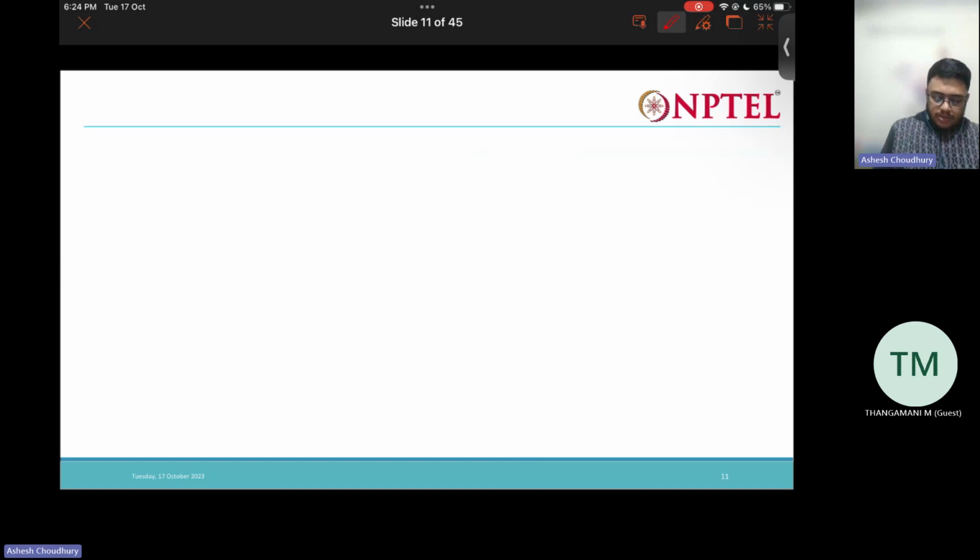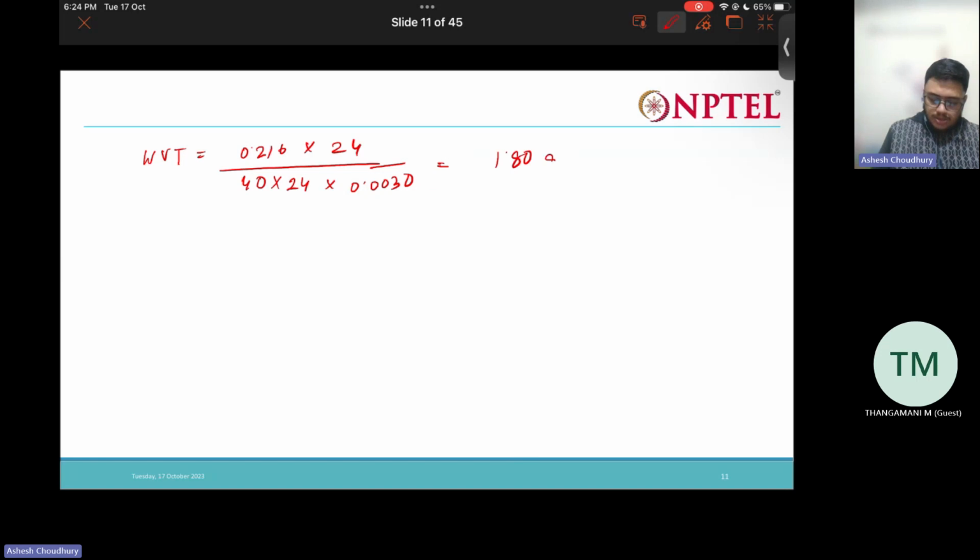So we want to find out the water vapor transmission, given by G into 24 by T into A. Time is 40 days into 24 hours, into area 0.0030. If you calculate this, 1.80 gram per meter square day.